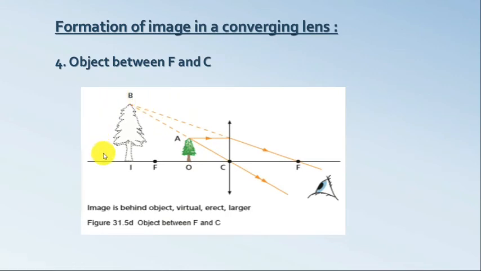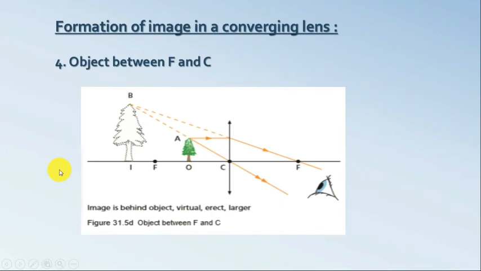This is not a real image. The same as mirror. If I put a paper here, I'm not gonna see the image. Okay? Here the image is behind the object. It is virtual. It is erect, it means it's upright, not inverted, and it is what? Larger than the object. Okay?